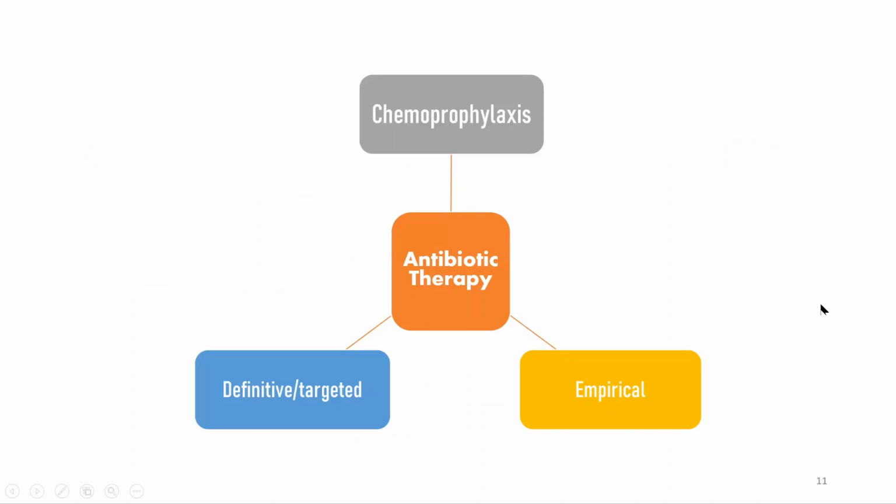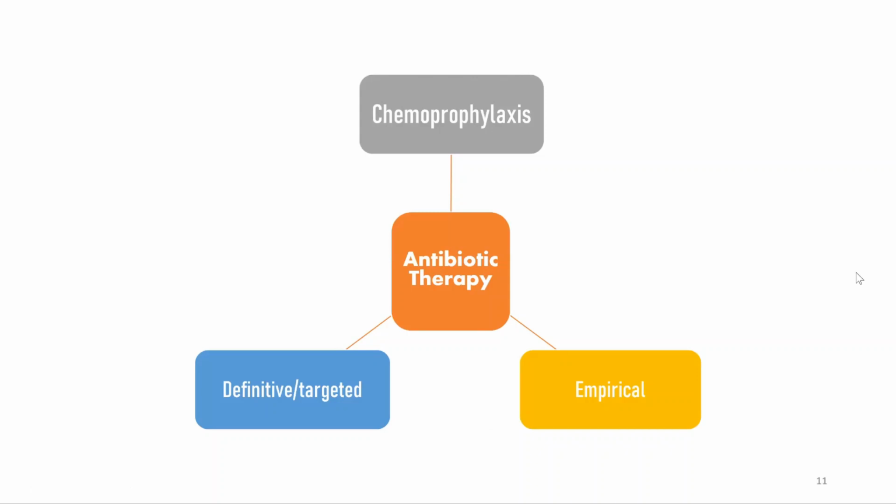Not only in surgery, in other fields of medicine also, these are the three main indications for the use of antibiotics as therapy. The first one is for prophylaxis, where you administer antibiotic when the infection is still not there and you want to prevent the infection.